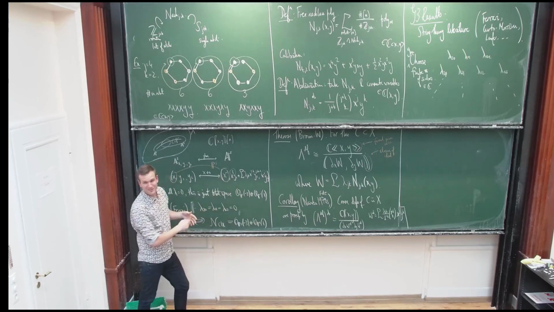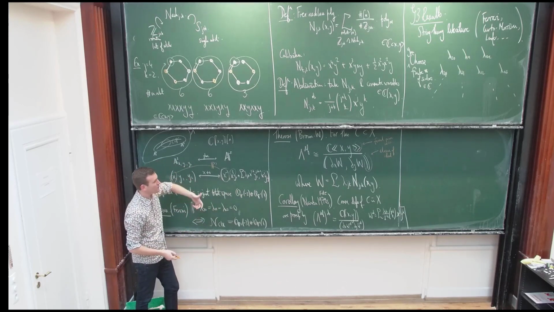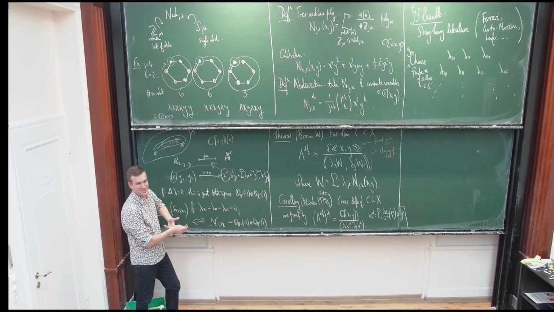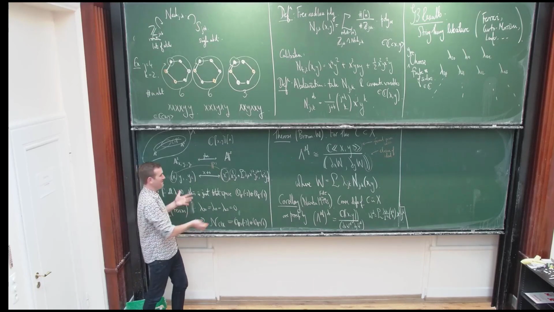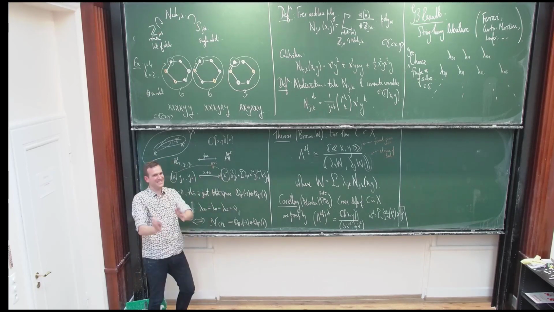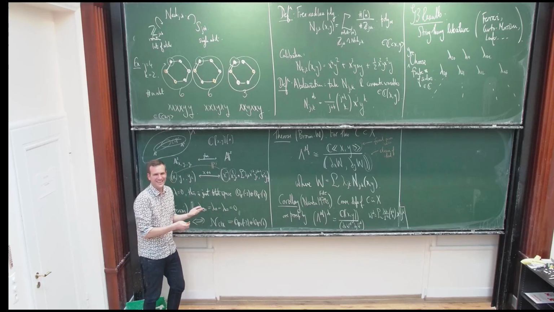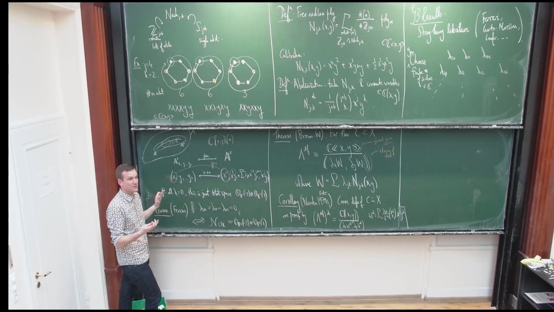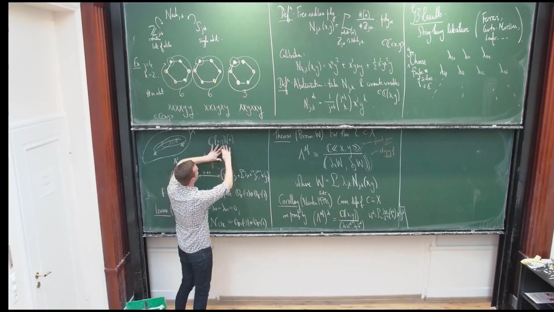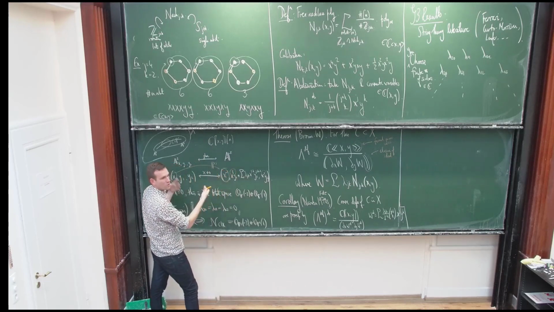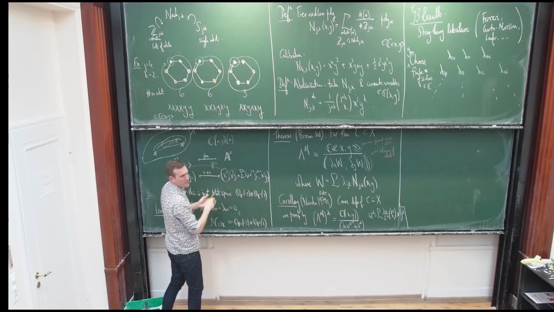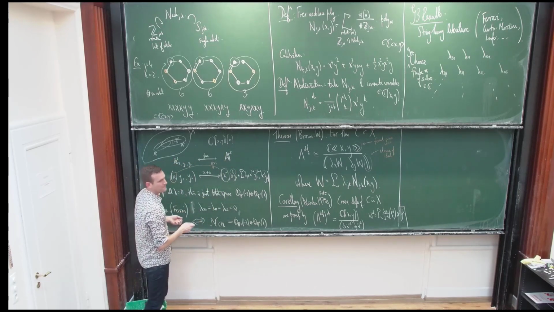But this is also just a huge class. I should also say, I haven't said, this class contains all known threefold flops, all known real contractions occur. And there isn't a -3 curve that's known that isn't in this class. That doesn't help your question though, because analytic changing of coordinates is pretty grim. And so we've taken off the completion, just gone Zariski local, but really you're working in this sort of formal setting.